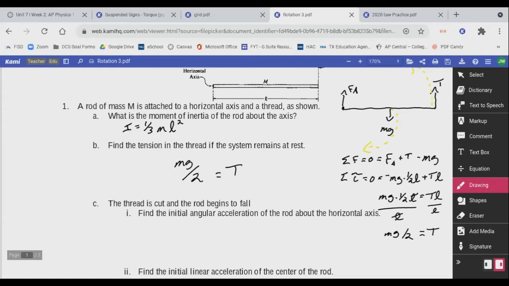Using the torque equation, I'm able to have fewer variables. If I solve for tension in the other one, it would be mg minus FA. So I would have had more variables. I think this answer is going to be a little bit better for us because all we need now is the mass, and we can solve for tension. We're only short mass.